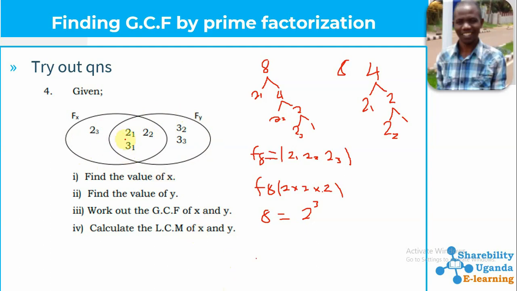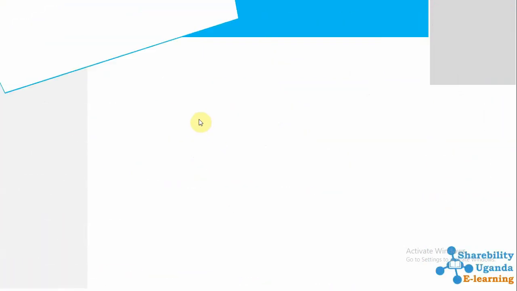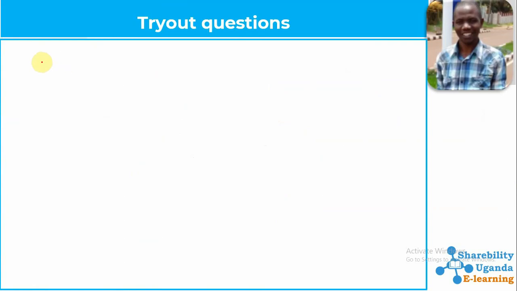So our factors of x, we have a 2 1, we have a 2 2, we have a 2 3, and 3 1. Okay, so here we shall write our factors of x. Our factors of x are going to be equal to these values of ours.